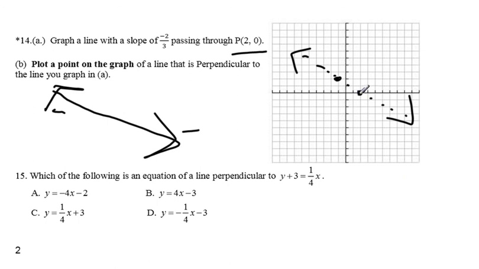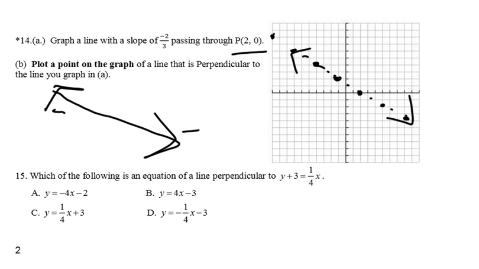So I go to (2, 0) and then use the slope, 2 over 3, repeating it, and I can go the opposite direction too. Okay? So we're going to connect a straight line through those points.